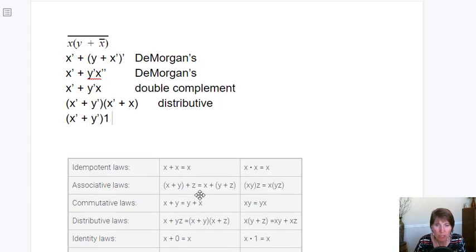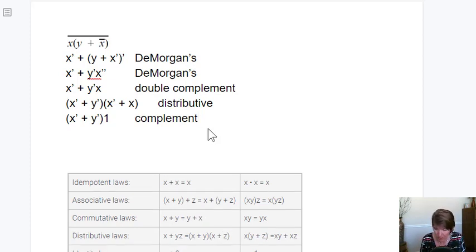That's the complement law. And now if we times anything by 1, that's the identity law. It just becomes itself. So now we have the complement of x plus the complement of y. And that's the identity law.